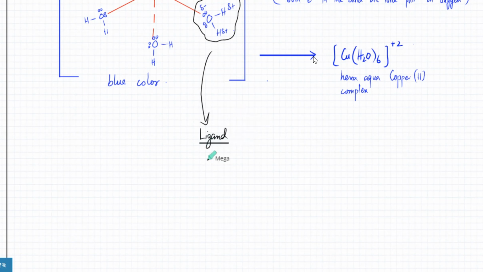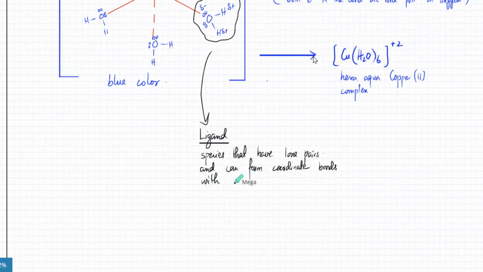Ligands are species that have lone pairs and can form coordinate bonds with a central metal cation to form a complex.